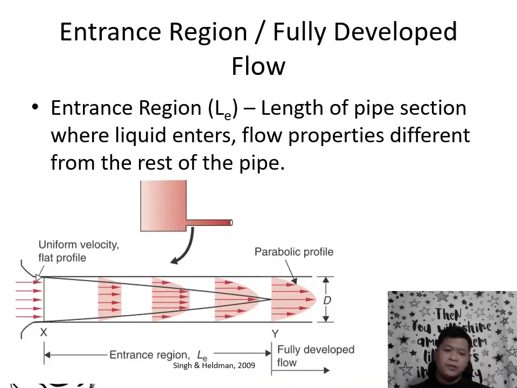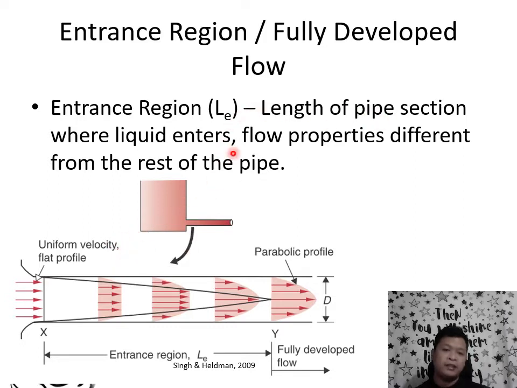Alright, suppose you have a transition from a tank to a pipe if you're gonna zoom in on this area. So this region where nagta-transition yung flow properties ng fluid mo is called the entrance region.